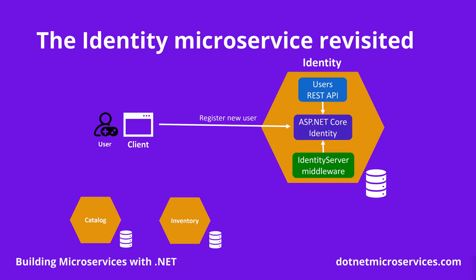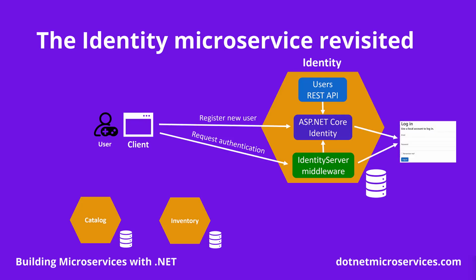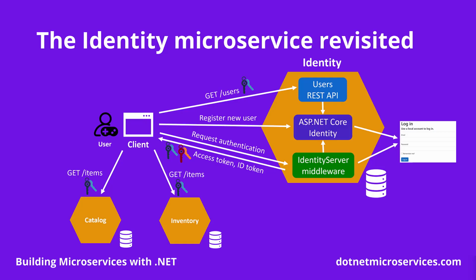With this, our client will be able to send authentication requests to our Identity microservice, upon which the user will be redirected to the sign-in page provided by the ASP.NET Core Identity integration. Then, after successfully authenticating the user, an access token and optionally an ID token will be returned to the client. Finally, the client will be able to use the received access token to talk to our catalog and inventory microservices, and even to the Users REST API in the Identity microservice, which will all now be protected to no longer allow unauthorized access.